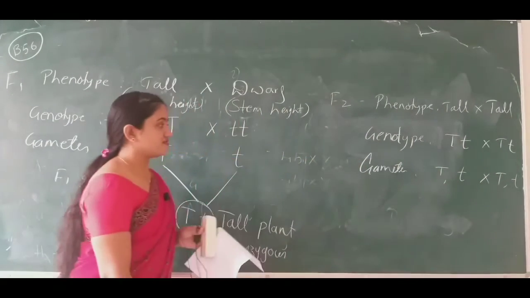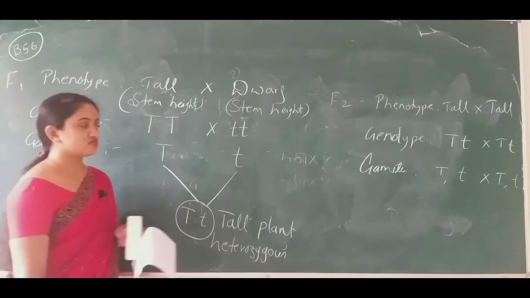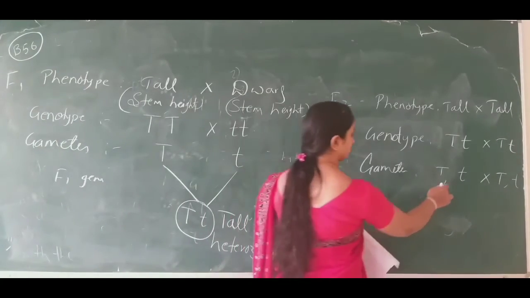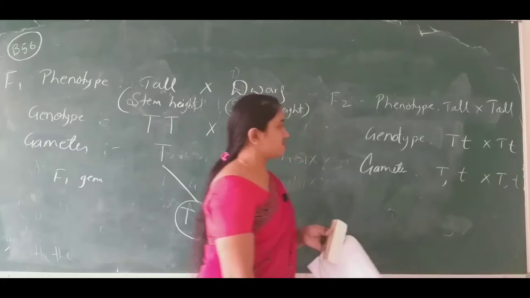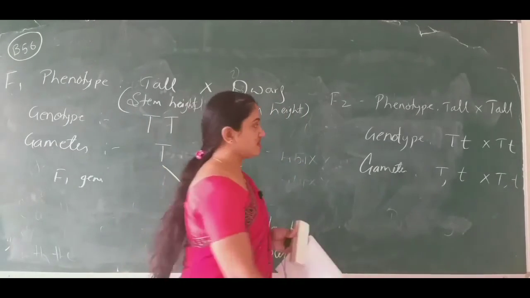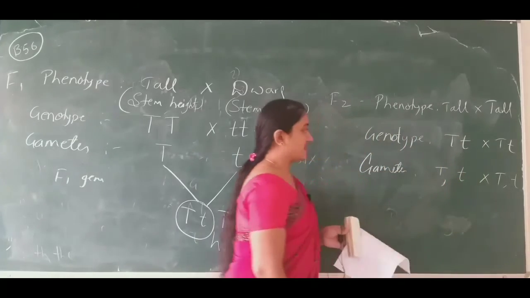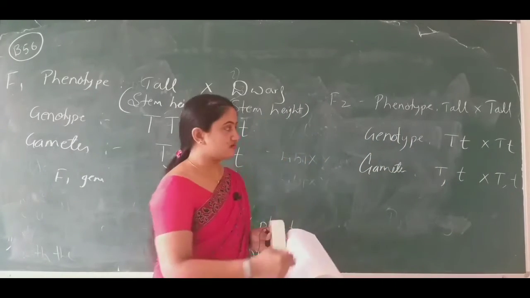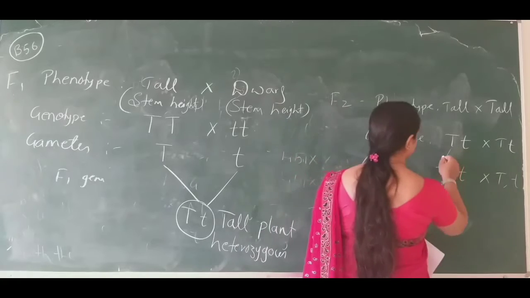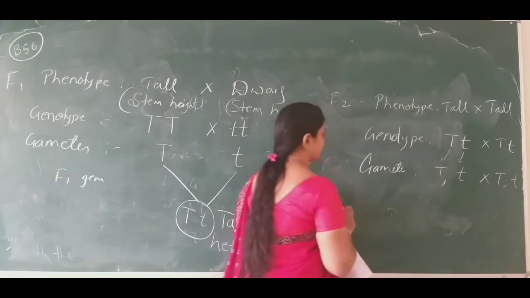While writing the gametes, just give some space and put a comma. It means the genes get separated in the formation of gametes.